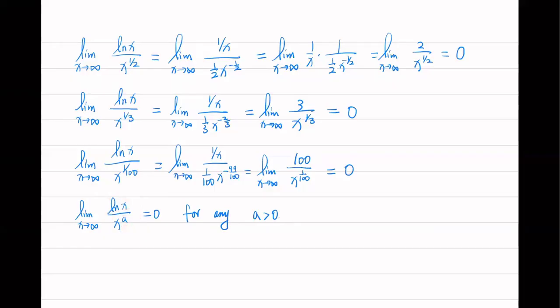Okay, could you give me a function that grows even slower than this? If this is the slowest, so as this function goes to infinity very slowly, could you give me something that is slower than this?